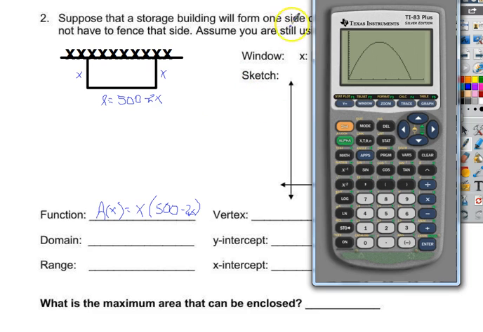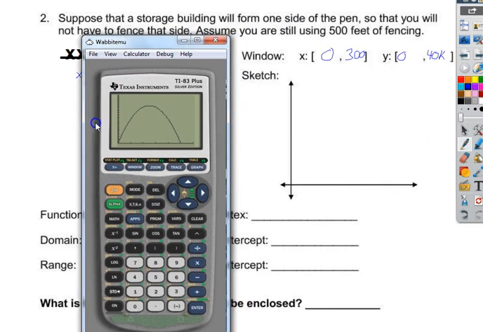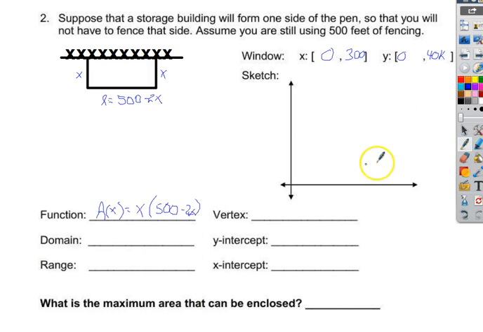All right. We're going to draw a picture of our sketch. What we have is we went to 40,000. There's 10, there's 20, there's 30, there's 40,000, so I'm just going to write 40K. On our x-axis, we're going to go 50, 100, 150, 200, 250, 300.